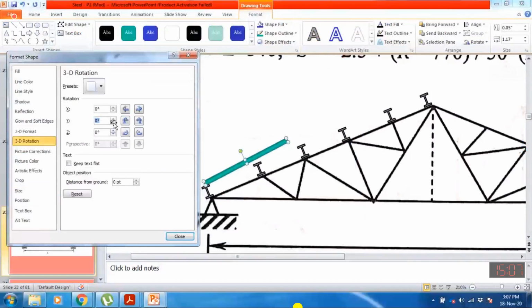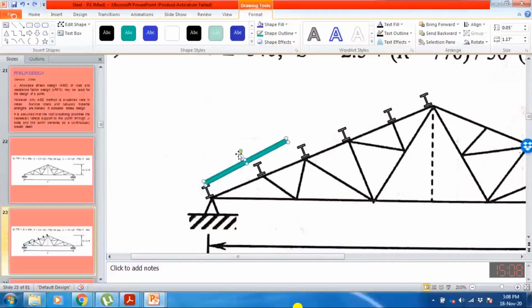It is not being rotated, I have to do it manually. Okay, what I want to explain from here.